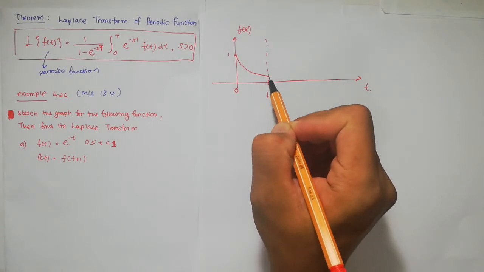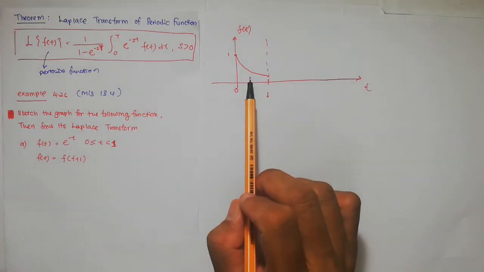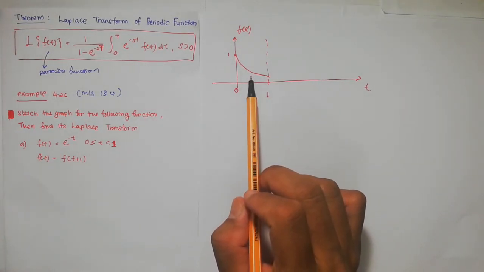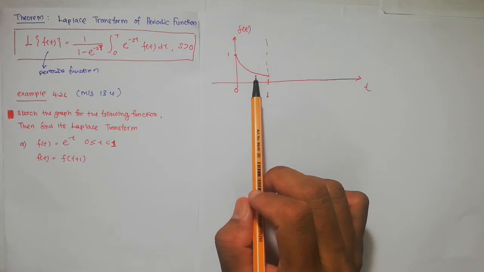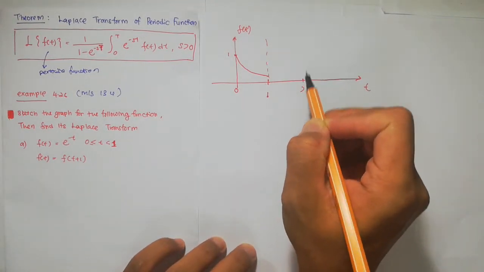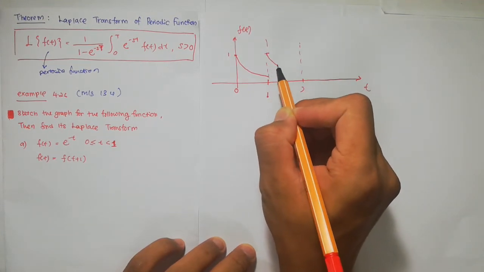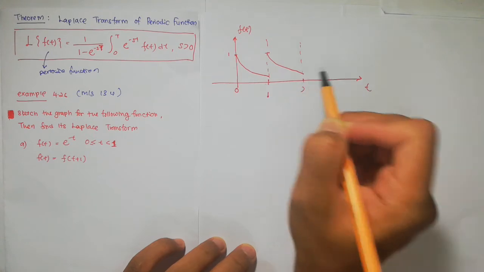We have f(t + 1), meaning that this is a periodic function, and we will repeat this pattern to the next cycle, from 1 to 2, by copying the same pattern.